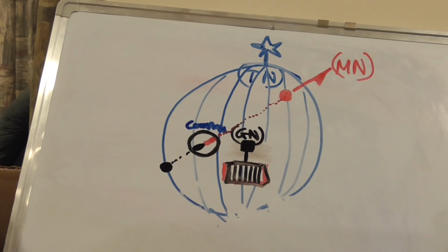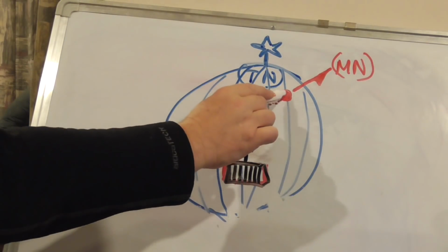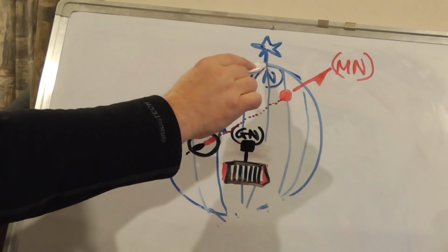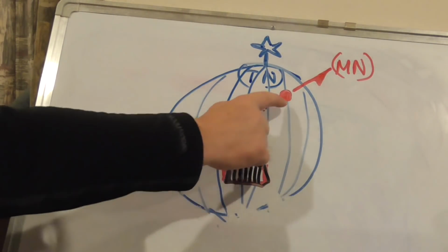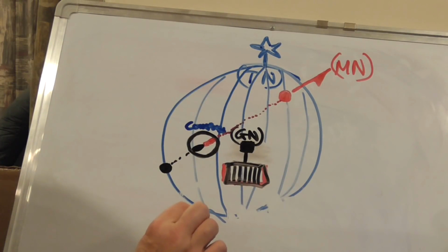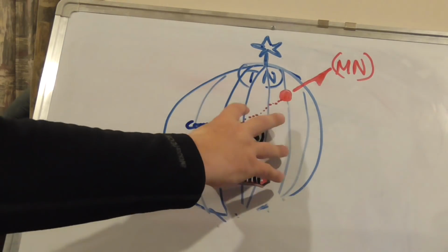Now, where does this magnetic north come from? Why is it not at the same place as true north? This is how it works. Magnetic north is created from molten lava inside the planet.